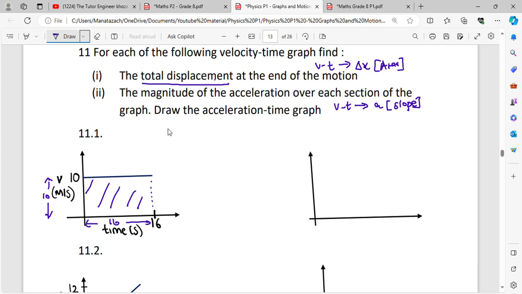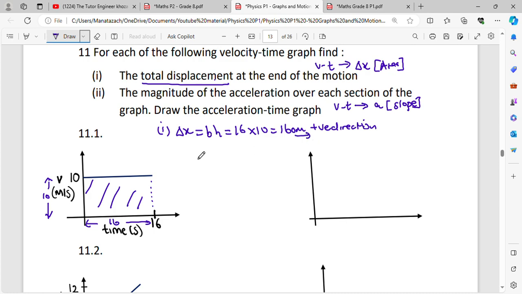So the first part of the question, which is total displacement, change in x, is equal to, since it's a rectangle, base times height. Base is 16, height is 10. That means the displacement is 160 meters in the positive direction.